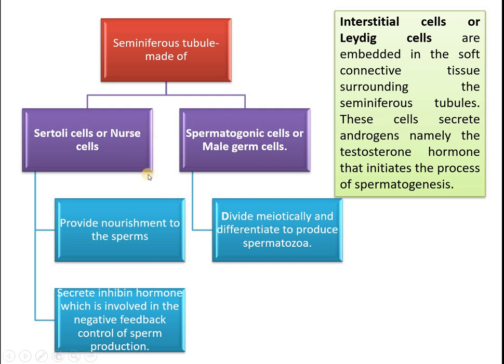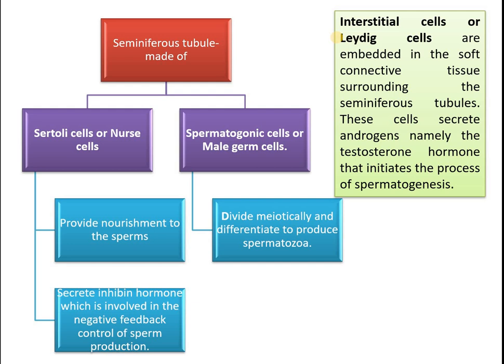So the nurse cells help the produced sperms, and the spermatogonial cells are important for the production of spermatozoa. Apart from that, there are other cells called interstitial cells or Leydig cells. They are embedded in the soft connective tissue surrounding the seminiferous tubule.